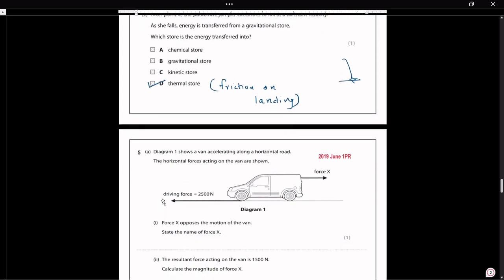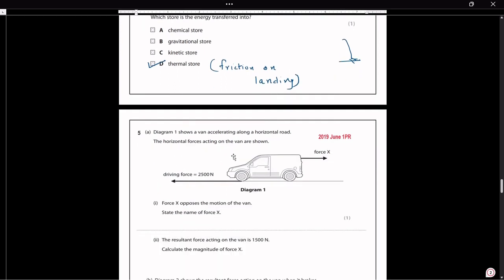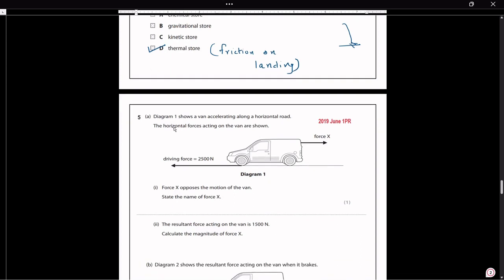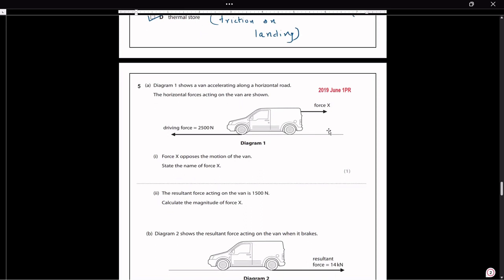Now the next question is, the diagram shows a van accelerating along a horizontal road. The horizontal forces acting on the van are shown here. You can see there is a force X and there is a driving force of 2500. Force X opposes the van. State the name of the force.